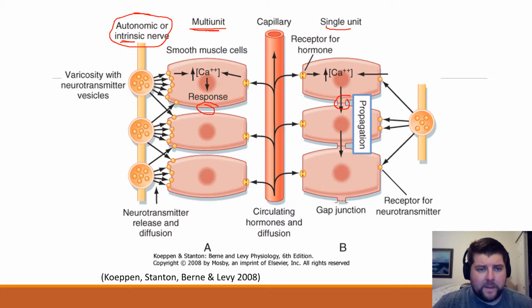Along this nerve there are portions called varicosities, and these contain the neurotransmitters. The varicosity releases its neurotransmitter onto receptor sites in the smooth muscle, which causes calcium to go up and a response, which is often a contraction or a relaxation of the muscle.